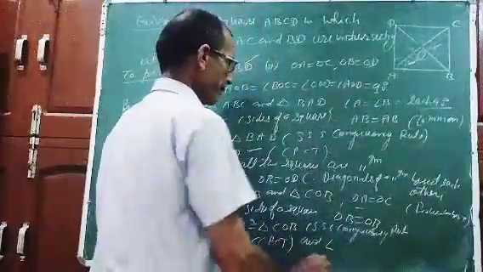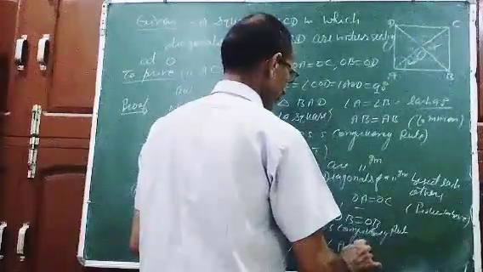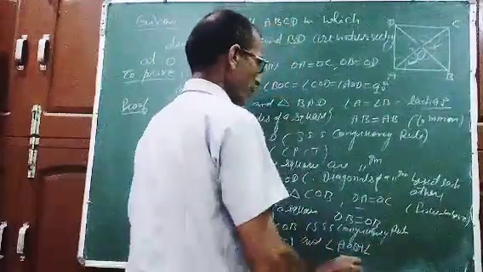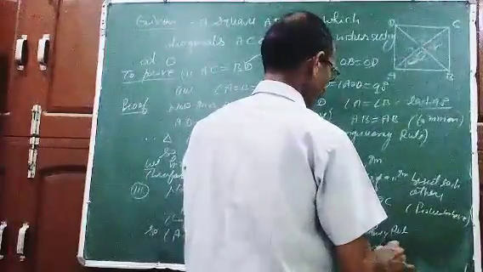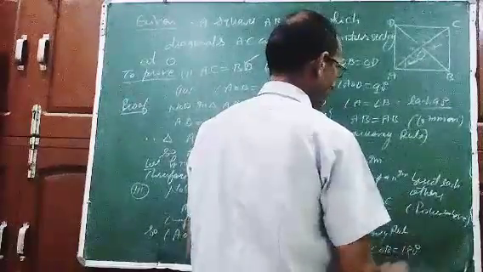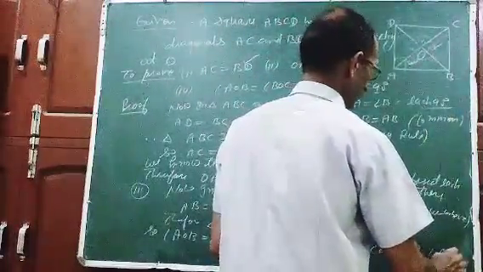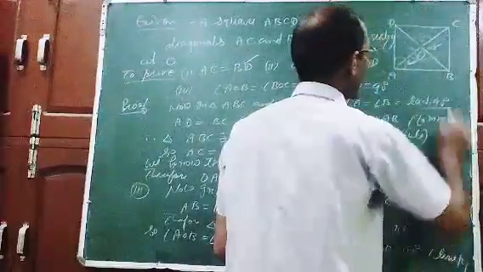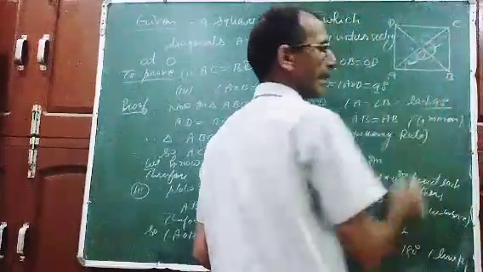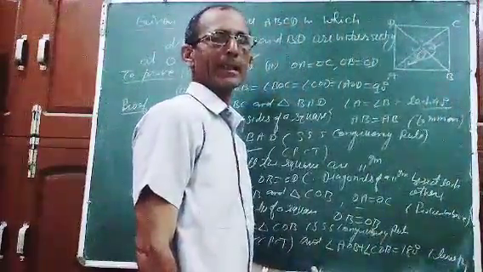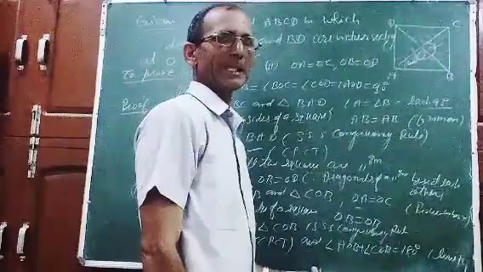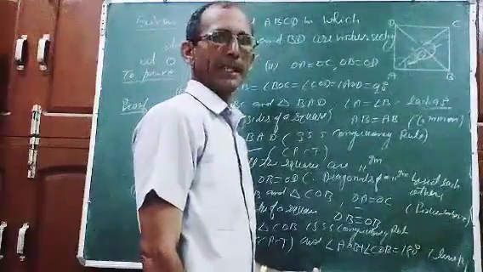So angle AOB is equal to angle COB, CPCT, and angle AOB plus angle COB will be equal to 180 degrees, linear pair, because these two angles are adjacent. The sum of two adjacent angles is 180. We can call them a linear pair.